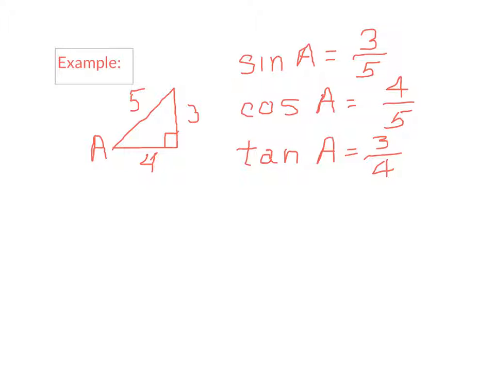Now, there's a couple of special right triangles that you need to memorize because it's going to help you immensely in terms of trigonometry. Okay, so let's look at what these 2 special triangles are. And the first of these is basically an isosceles right triangle.